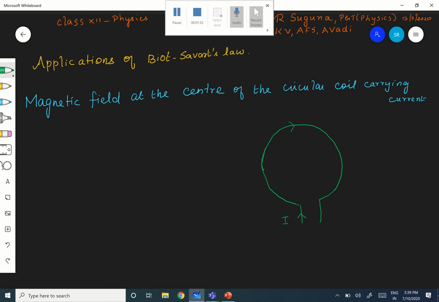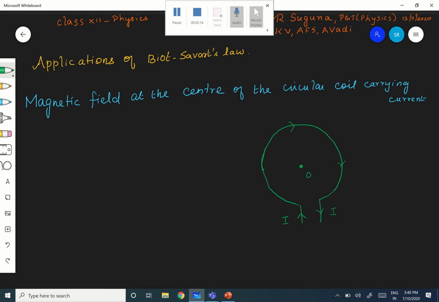The current goes in the clockwise direction and comes out like this, I. Now I want to find the magnetic field intensity or magnetic field induction at O, that is the center of the circular coil.